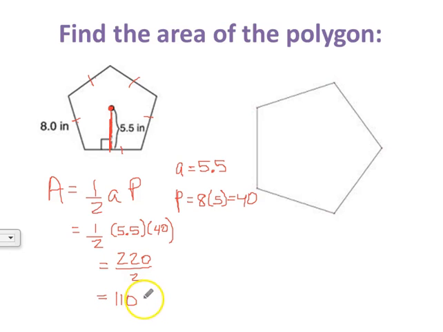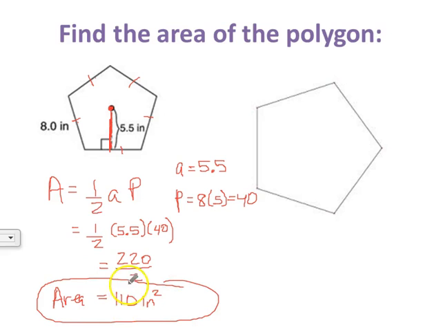Remember, for area we need to use units of measurement. So area equals 110 inches squared. I'm going to go on to the next slide, so if you need more time, go ahead and click pause. I want to get in one more example for you.